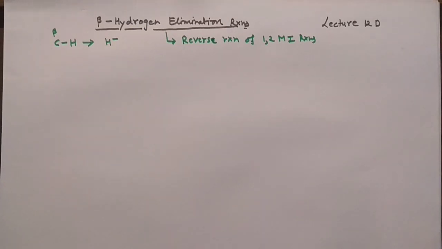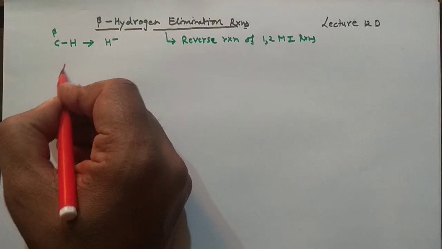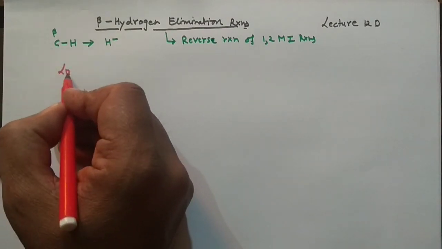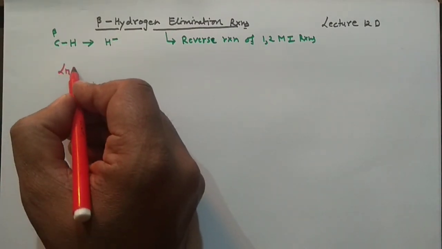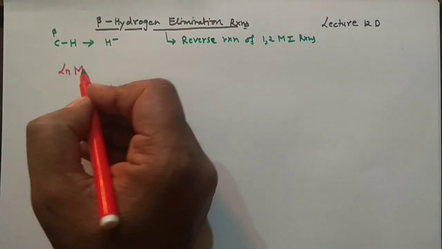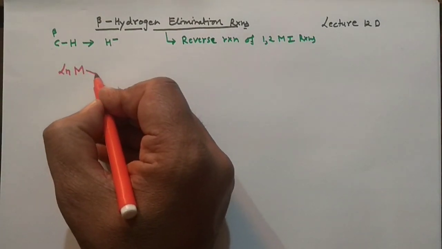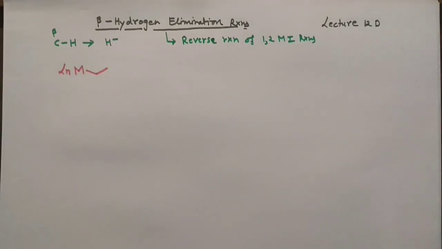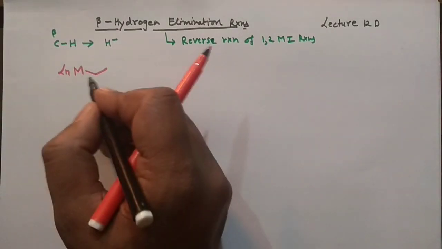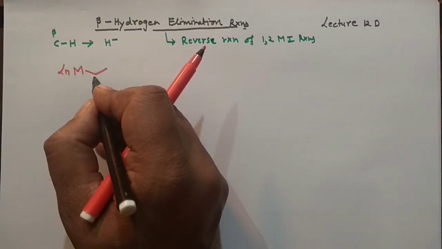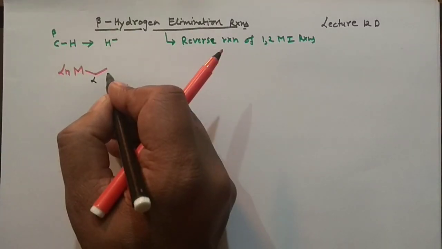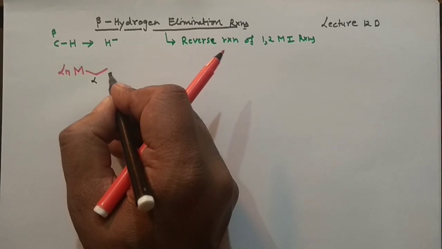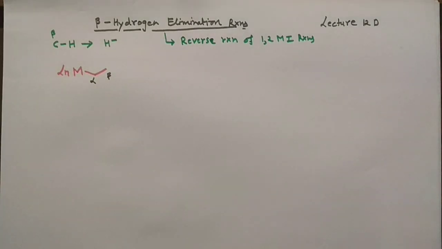And how you can write the reaction, it's quite simple. Say for example, I am having this complex, number of ligands L, and then you are having this metal, and this is the alkyl group which is present over there. In that case you can very easily observe this carbon which is directly linked with the metal would be termed as the alpha carbon, and that carbon which is present next to the alpha carbon would be your beta carbon.